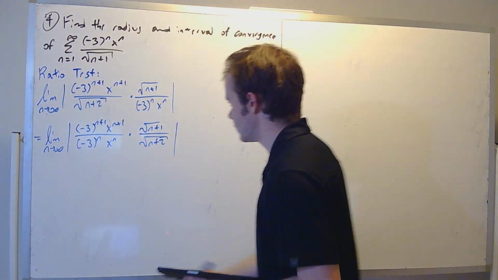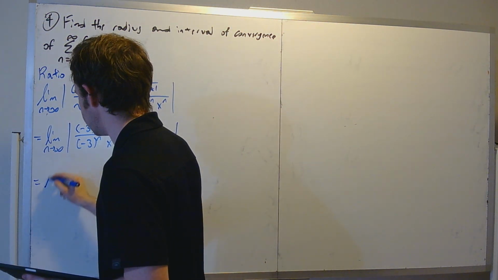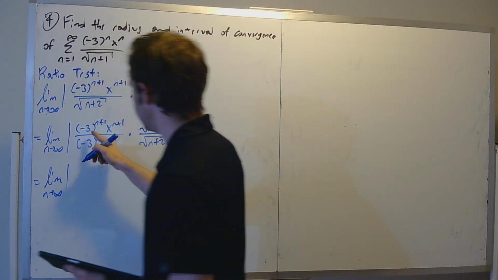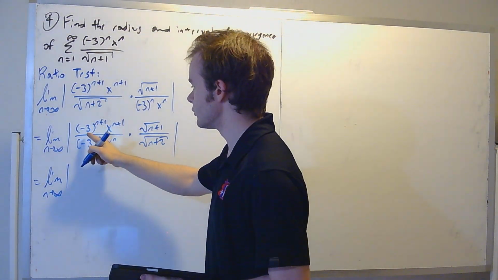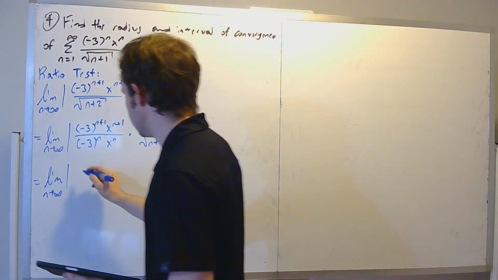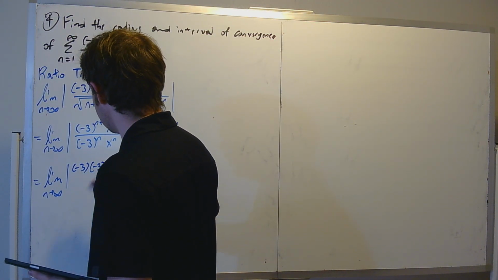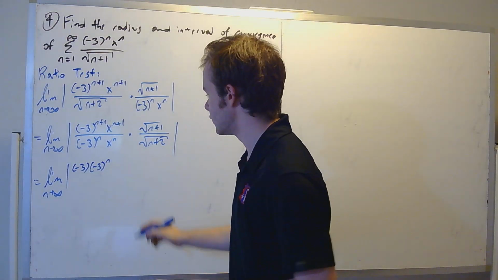Because you can rewrite this. Let me just write out an additional step here to make it less confusing. Here, -3 to the power of n plus 1, we can factor out a copy of -3. So we've got -3 times -3 to the n. And similarly, here we can factor out an x.